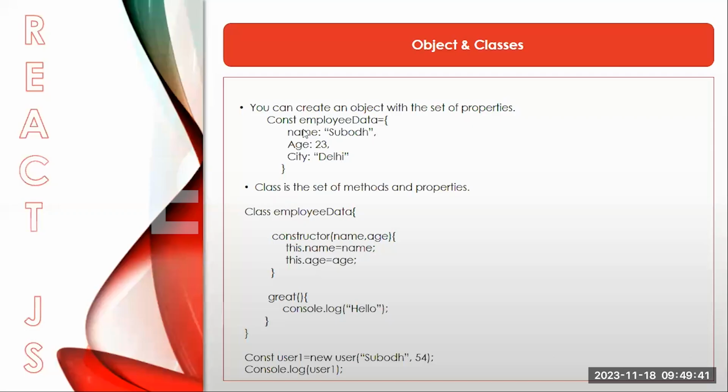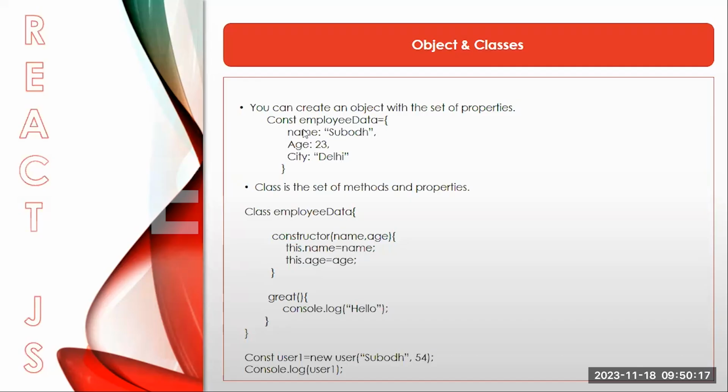Now we have classes also in JavaScript, so we can create a class like that. The simple method to create a class is the class name, and then the bracket start and bracket end. Here we have the constructor also, but if you are not using the constructor, there is no issue with that. But what is the constructor? Whenever the class object is going to be created, the constructor function will be called.